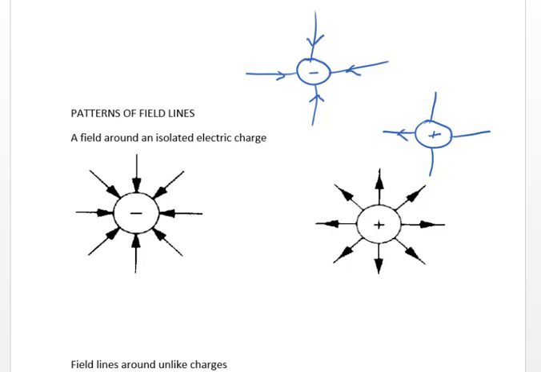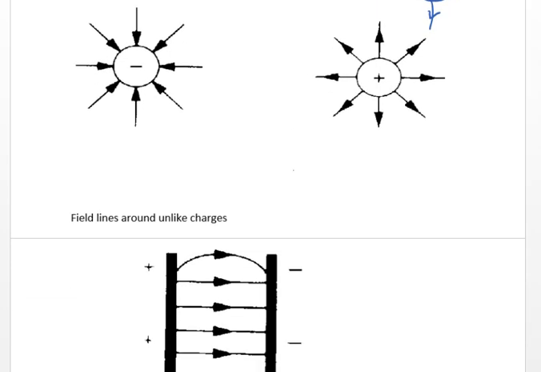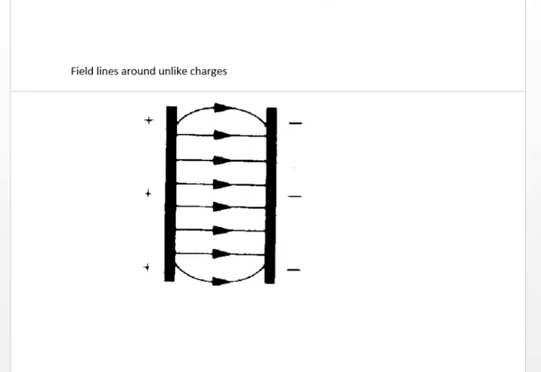So these lines originate from the positive charge and end at the negatively charged object. So field lines around unlike charges will look like this.